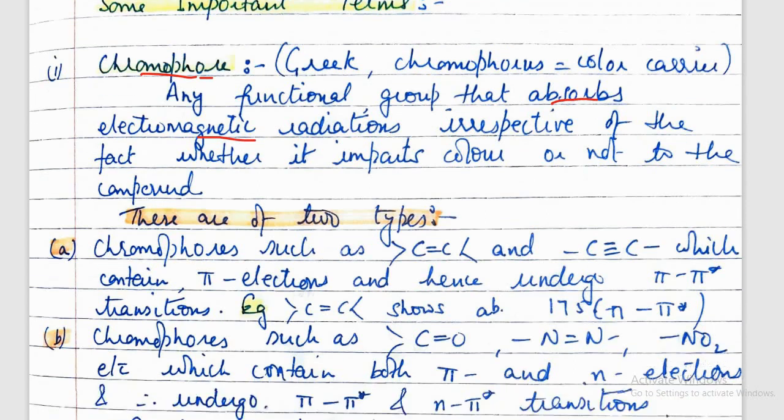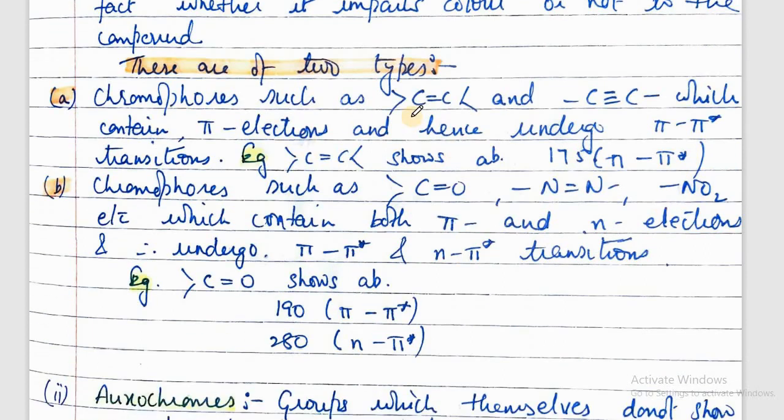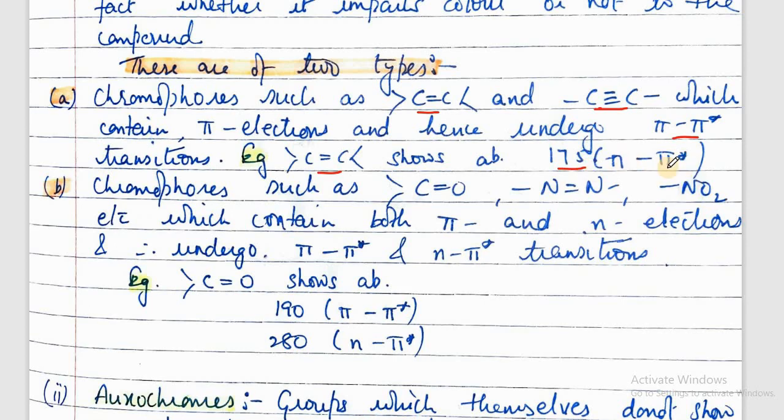Depending upon the absorption, they are of two types. First, chromophores which have a C=C double bond or carbon-carbon triple bond. These are generally pi electrons, and in this there will be pi to pi star electronic transitions. Example, in ethene, where a double bond is present, it shows absorption at 175 nanometers, and it is a pi to pi star transition. Similarly, the second type of chromophores are those in which C=O, N=N and NO2 groups etc. are present, in which non-bonding electrons are also present.